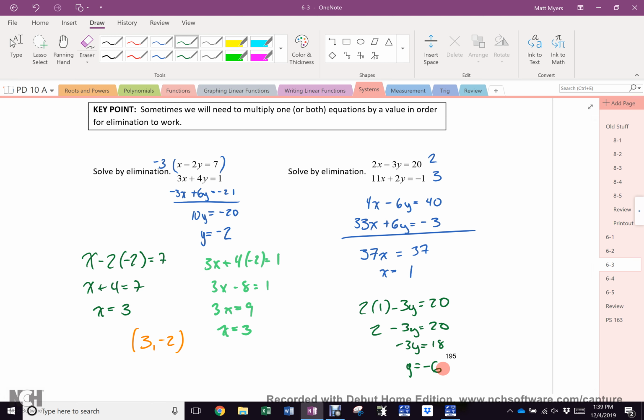Easy peasy, yeah? Now, in all honesty, without being punks, which do you prefer, substitution or elimination? They're exactly the same, because at some point you've got to substitute anyway, right? Okay. Basically the same.